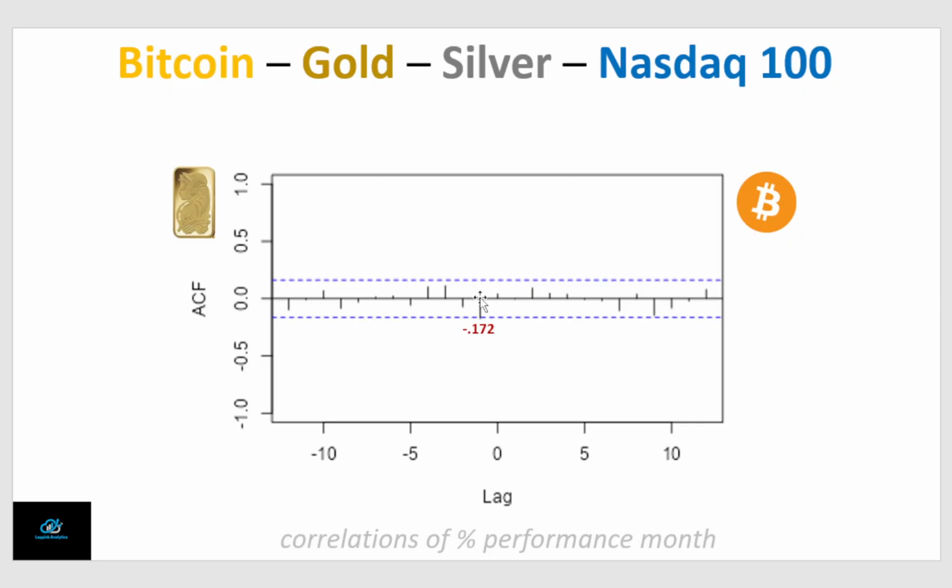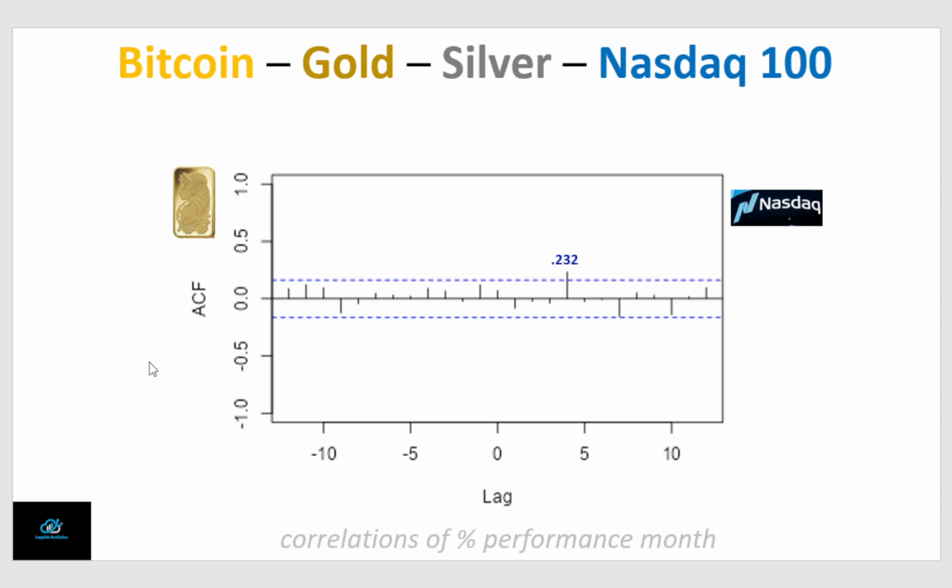So it seems there is some slight tendency that changes in gold one month earlier say something about Bitcoin a month later. But again, this correlation of minus 0.17 is super small.